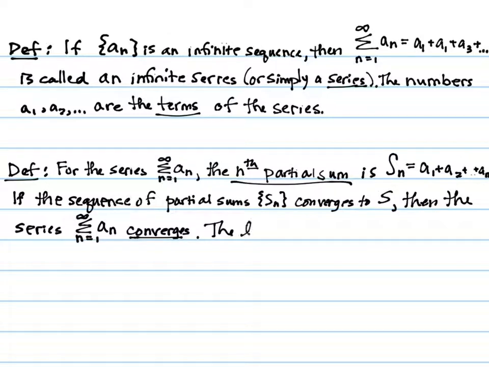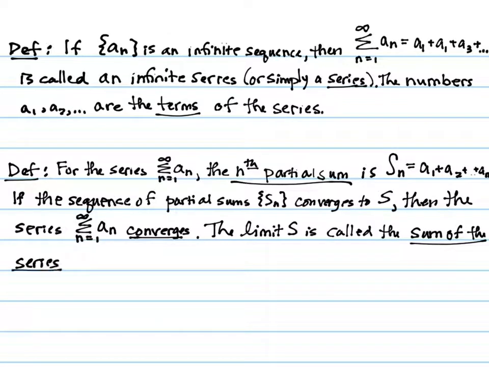The limit S is called the sum of the series. And S would equal a1 plus a2 all the way on forever, right?